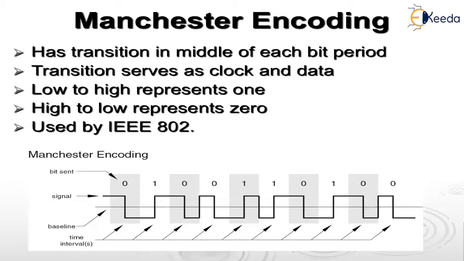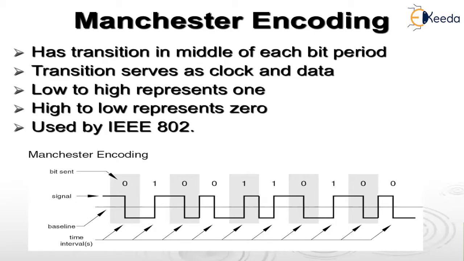Then we will see Manchester coding. The Manchester coding is shown in the slide. There is another set of coding techniques grouped under the term biphase that overcomes the limitations of NRZ codes. The two such coding techniques are Manchester and differential Manchester coding.